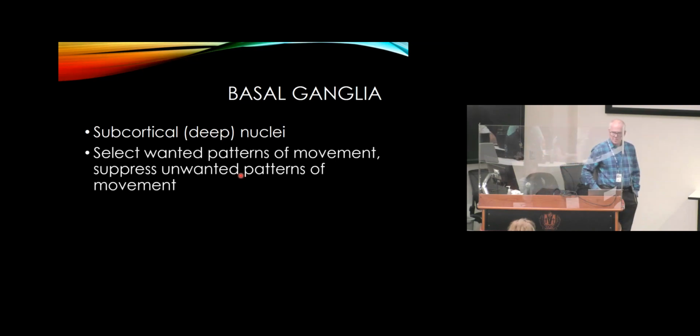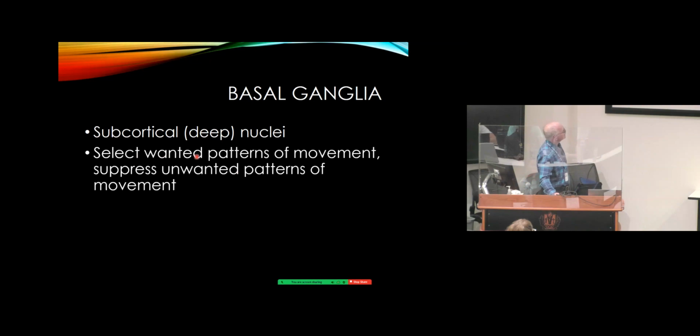The basal ganglia is very important for movement. To say it as concisely as we can, it selects wanted patterns of movement and suppresses unwanted patterns of movement. So a patient that has anything going wrong with the basal ganglia has what's called a movement disorder. They have a tremor or something like that.